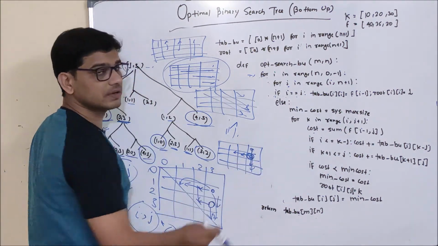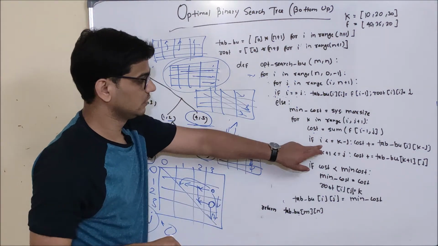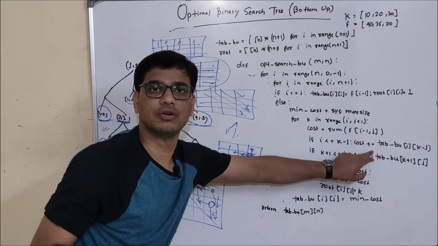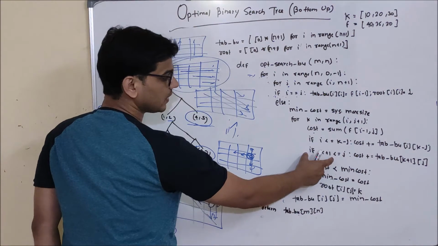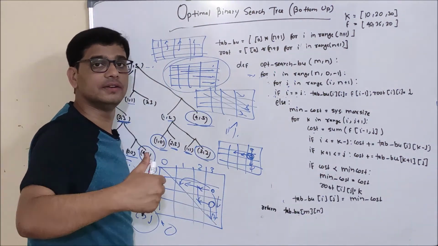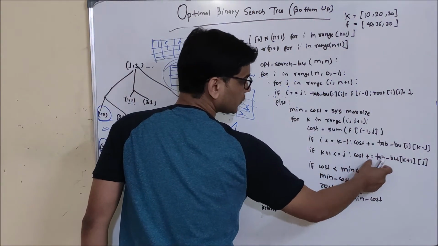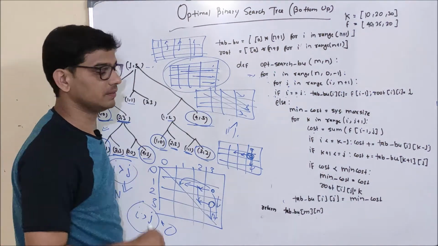Then here I am checking whether I have a valid left subtree, and if it is, then I am going to add this particular thing in cost, that is left subtree cost. And here I am checking whether I have a valid right subtree or not. And if it is, then in cost I am adding this particular thing, that is cost of right subtree.